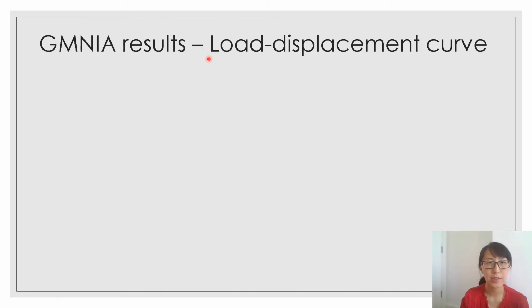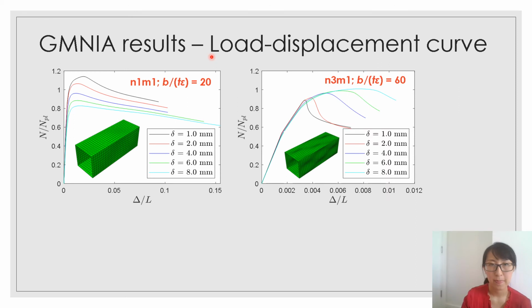And if we look at the GMNIA result, this slide shows the load-axial displacement curve from the GMNIA analysis. For different slenderness and combinations of waves, the effect of imperfection can be different.